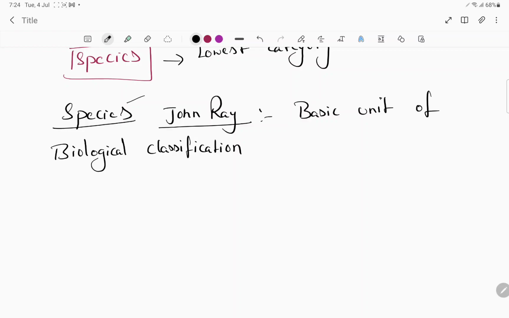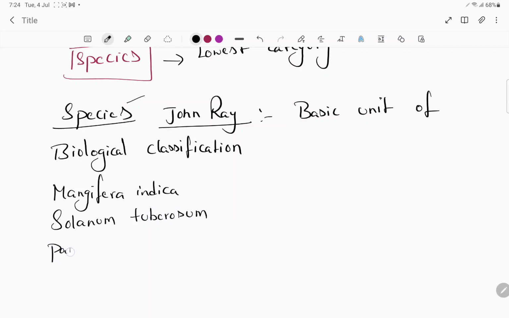One should distinguish one species from others closely related based on distinct morphological differences. Let us consider Mangifera indica, Solanum tuberosum, Panthera leo.